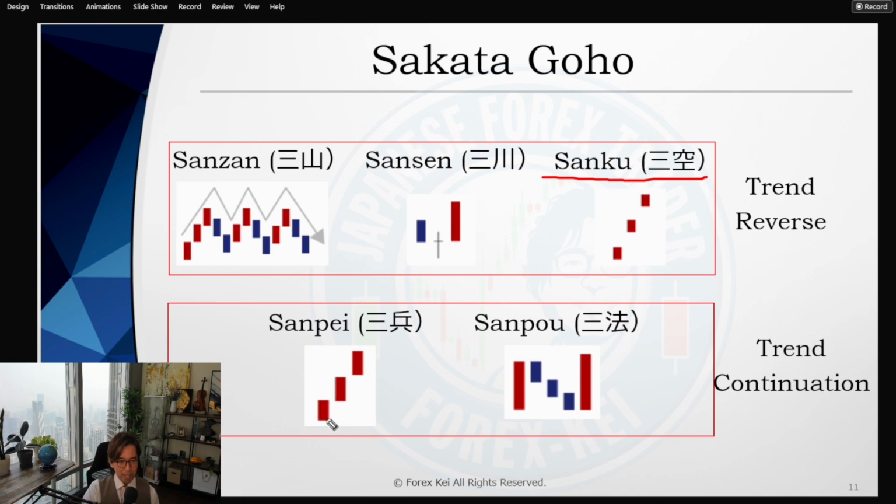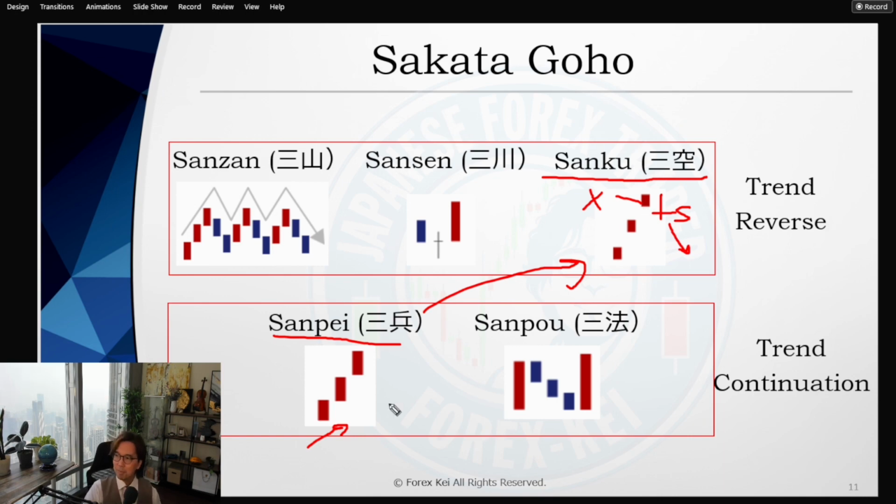So Sanpei is healthy uptrend, but when Sanpei becomes Sanku, then you don't want to trade anymore. If you're holding the buy, this is your exit timing. Or if you want to sell, you confirm the next candlestick to be bearish, and then you sell.